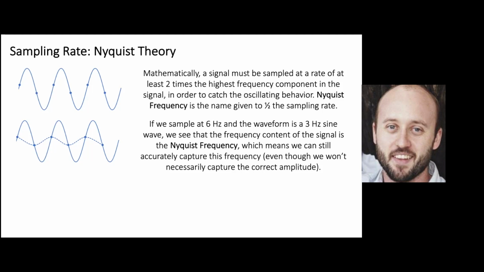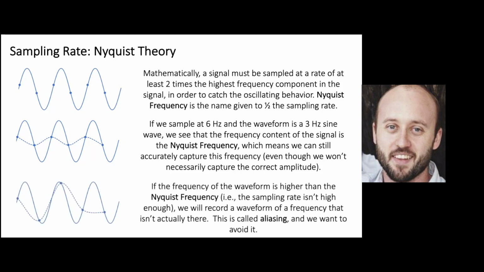But since we're only sampling it at 2 times the frequency content, you can see that the dotted line, what we actually capture, is not necessarily representative of the true amplitude in the signal, but we're at least capturing that frequency. Now, if we drop below the Nyquist frequency and sample at an even lower rate, what you see is that we get very misleading information.